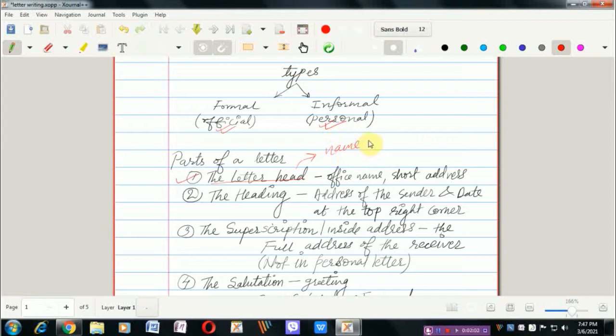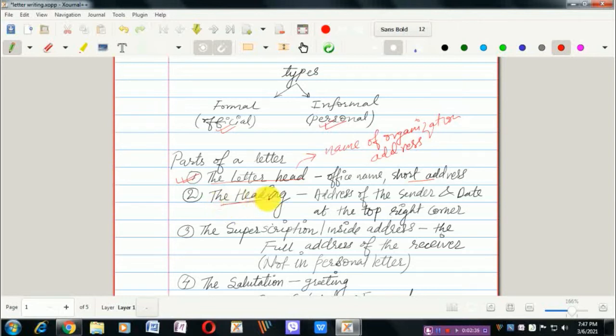The letterhead consists of the name of the office or organization and its address, and it has a brief address, telephone, email, and other details. It is only required for formal letters. We do not need such a letterhead for informal or personal letters.